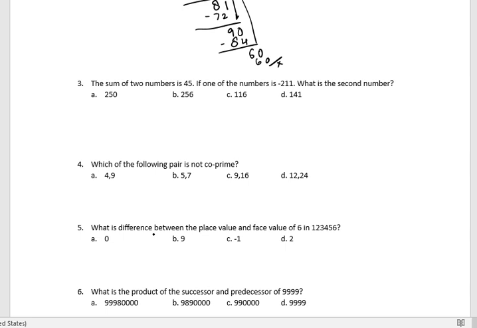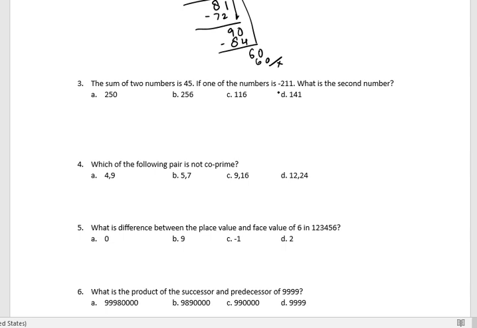Third question: the sum of two numbers is 45. If one of the numbers is minus 211, what is the second number? Now, can you handle equations with negative numbers? What exactly do we have to do? We have to find the second number.